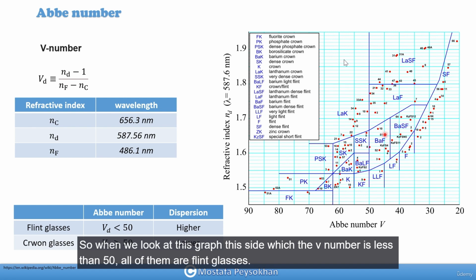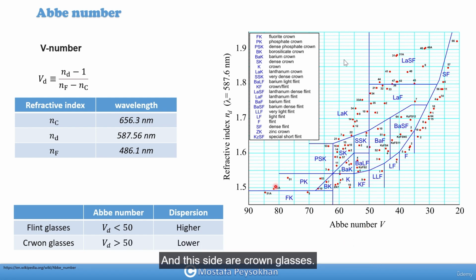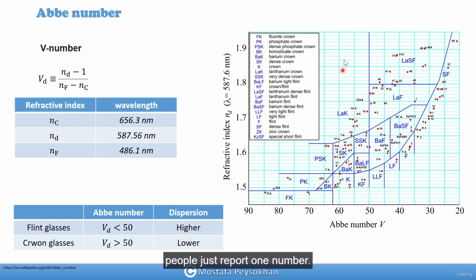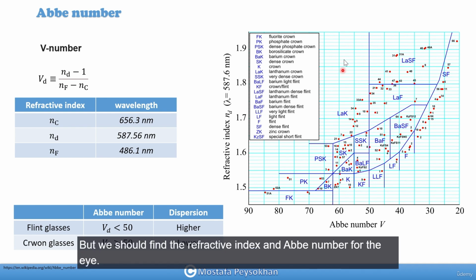So when we look at this graph, this side, where the V number is less than 50, are all flint glasses. And this side are crown glasses. We should be very careful when we want to use the Abbe number for the eye, because most of the time people just report one number, but we should find the refractive index and Abbe number for the eye.